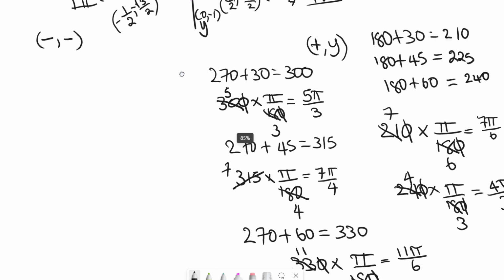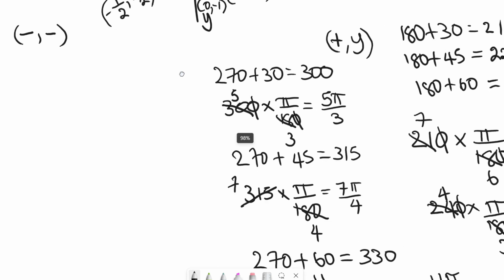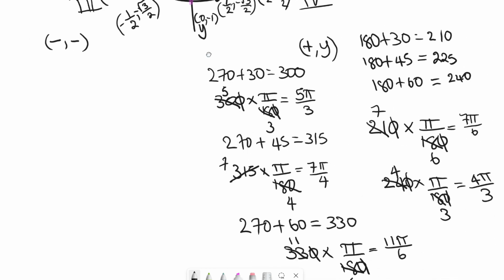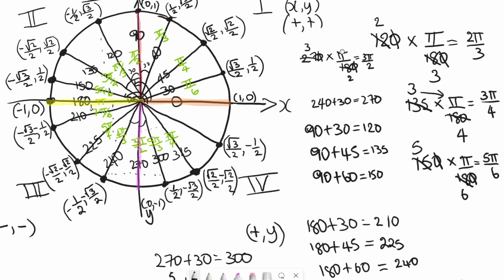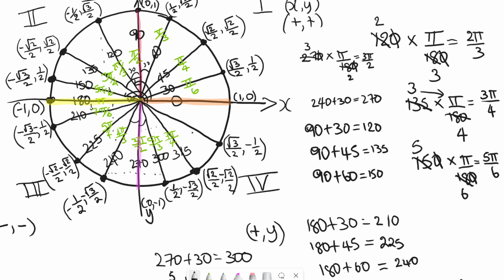All right, so let's see. So if we recall, this is going to be 330 degrees and 11 pi over 6. Okay, so now I think we know what this is going to be. It's a complete revolution.